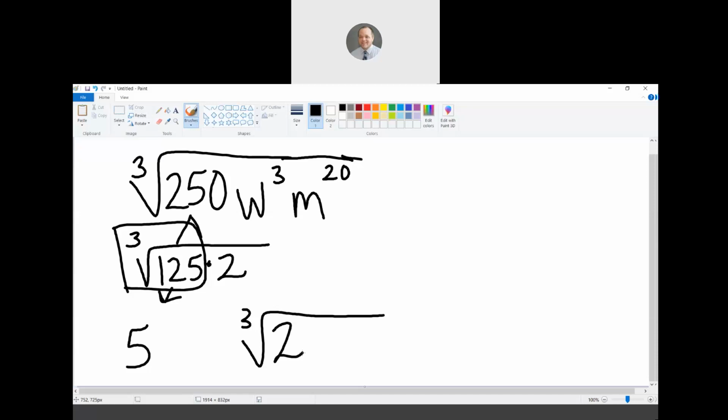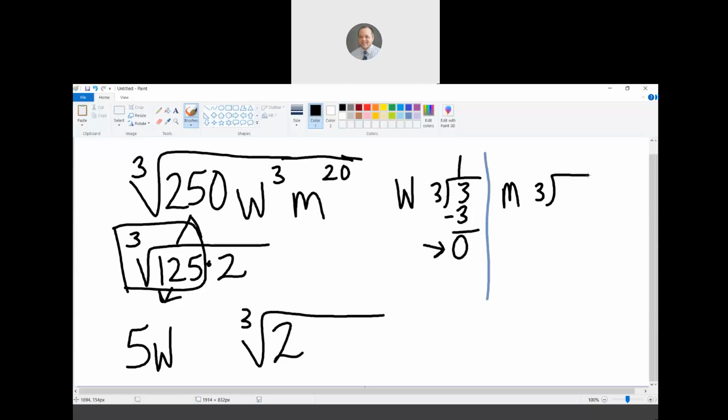Now let's break down the w. We'll divide 3 into 3. According to our division, that 1 means we'll pull out just a w to the first power. And the remainder tells us no w's remain inside the radical. Now let's break down the m in similar fashion.